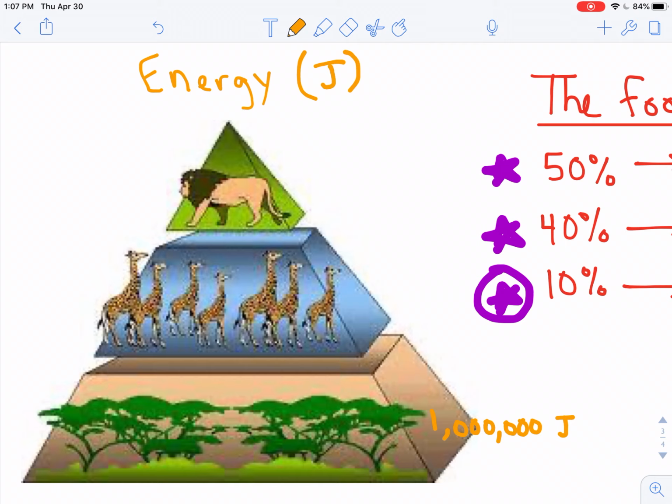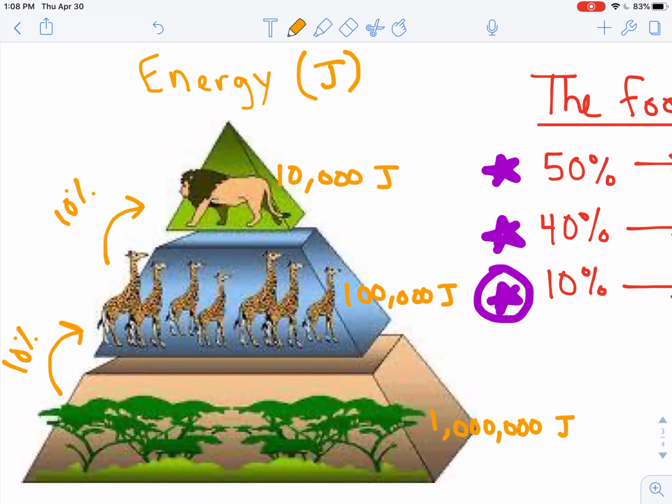Now, because of this rule of 10%, which we talked about before, that means if the same experiment was done on all of these giraffes, they would only have 100,000 joules of energy inside all of their cells. And if the same experiment is done on the lions, you would find only 10,000 joules of energy inside of all of their cells. See how, as you go from one level to the next, only 10% of the energy moves from one level to the next level.